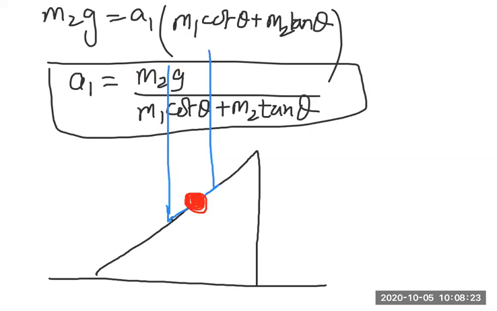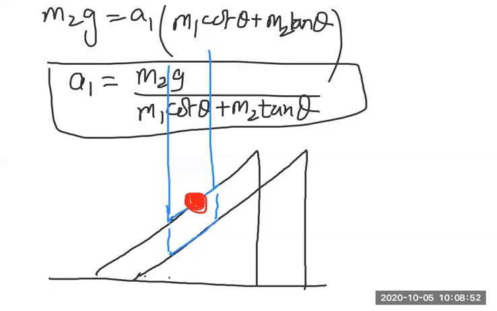Well, the wedge after some time would have moved towards the right like this, and the cylinder would have moved down like this. Can you tell me the fate of the red dot?